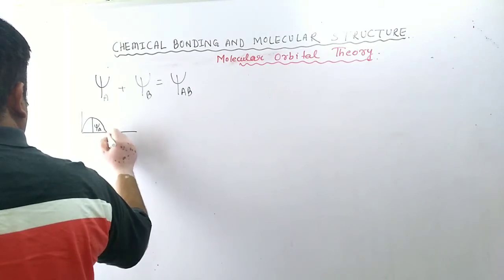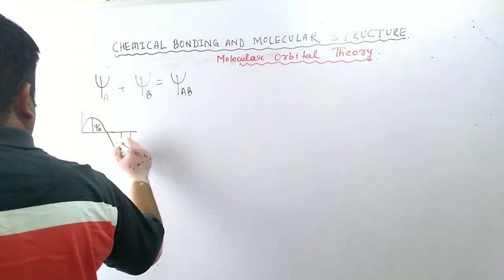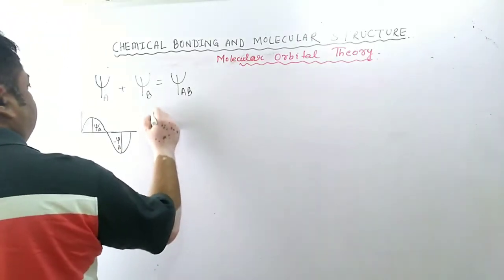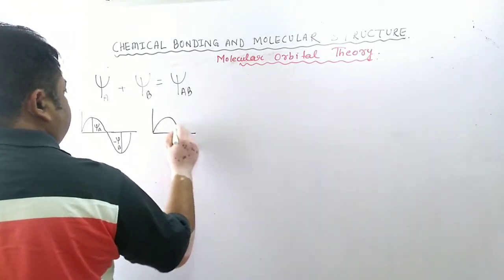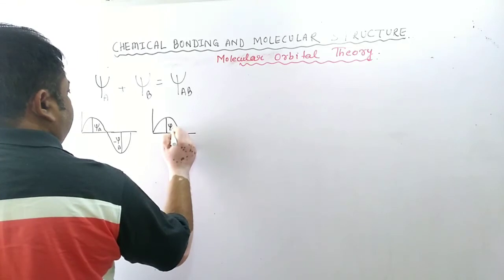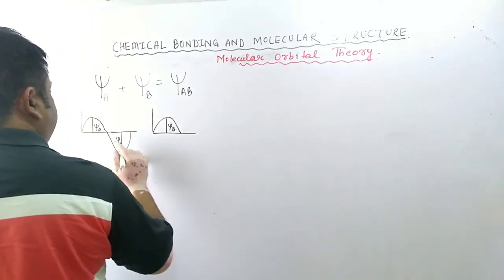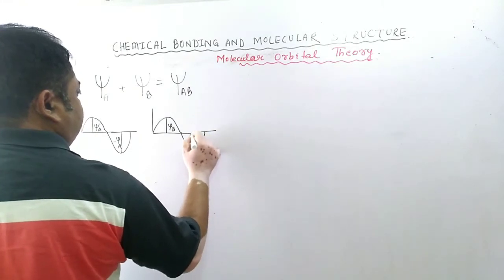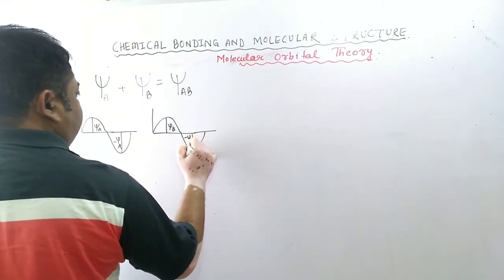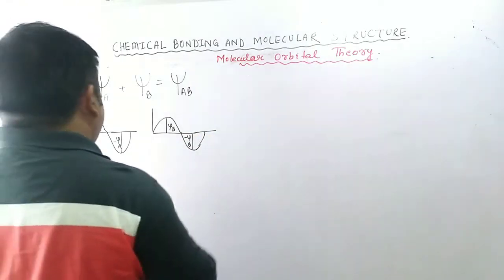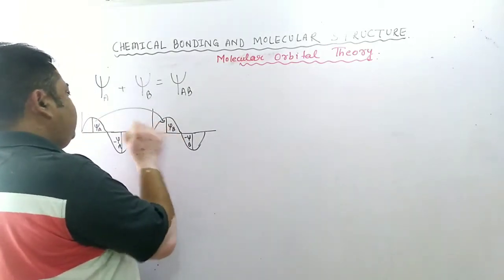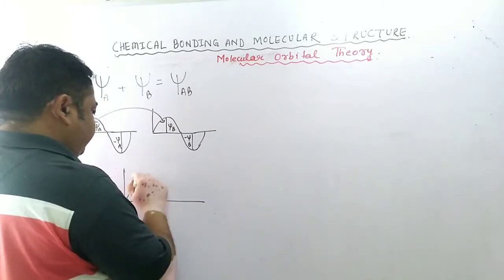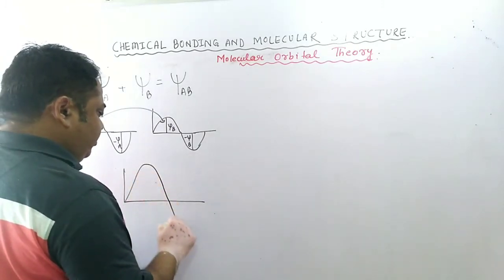This is psi A, and this is minus psi B. This is psi B, this is minus psi A. Now, if psi A and psi B undergo constructive interference, then their amplitude will increase. That means their probability of being found will become even more.